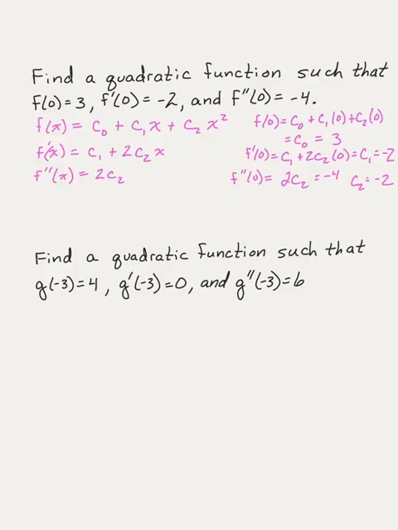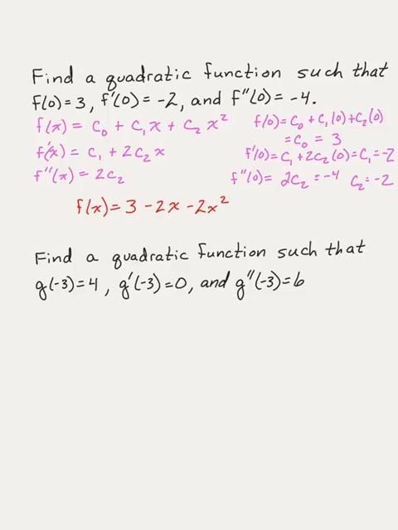All right, so we can piece together our function now. And so that would end up giving us f of x is equal to c sub 0, which we found was 3, plus c sub 1, which was negative 2. So I'm going to write this as minus 2x, plus c sub 2 x squared, so that would be minus 2x squared.